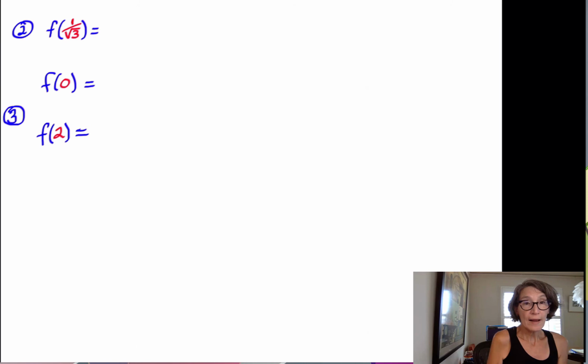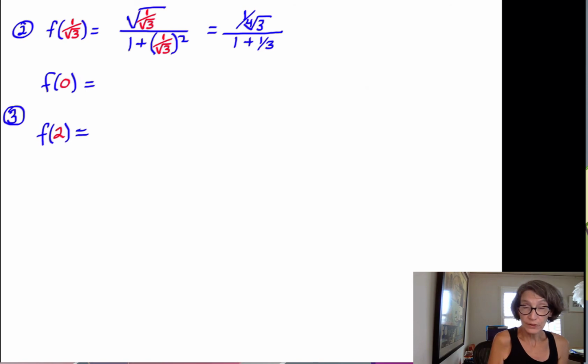So for f of 1 over square root of 3, that's going to be the square root of 1 over square root of 3, over 1 plus 1 over square root of 3, squared. And now when I simplify, this is 1 over the 4th root of 3, over 1 plus 1/3.